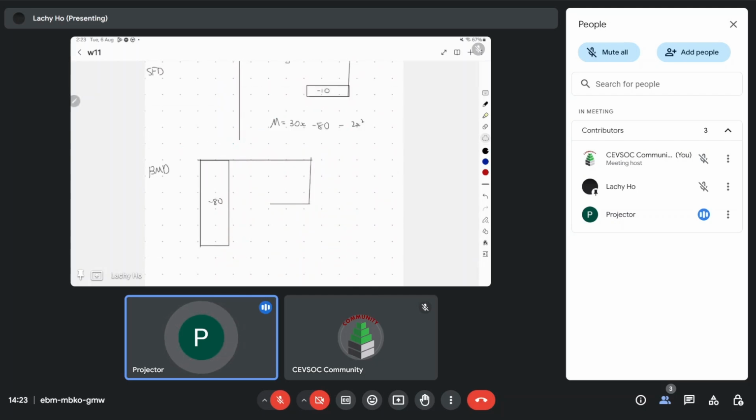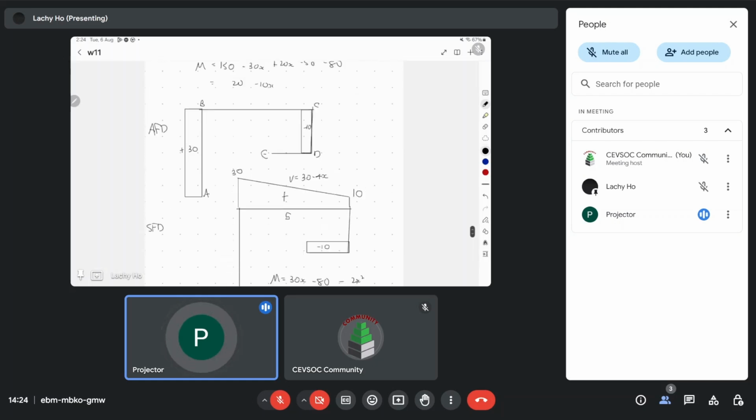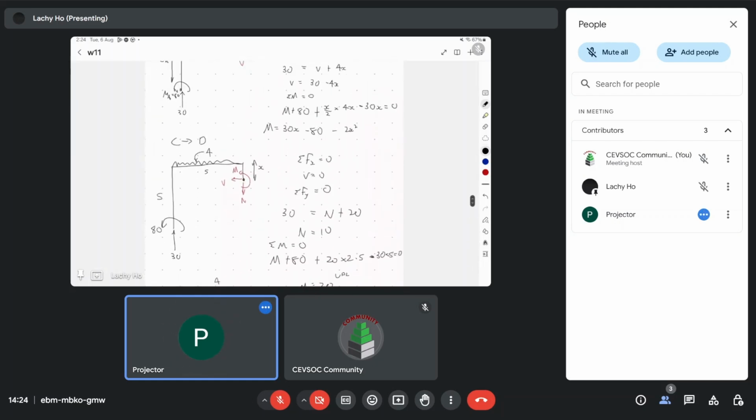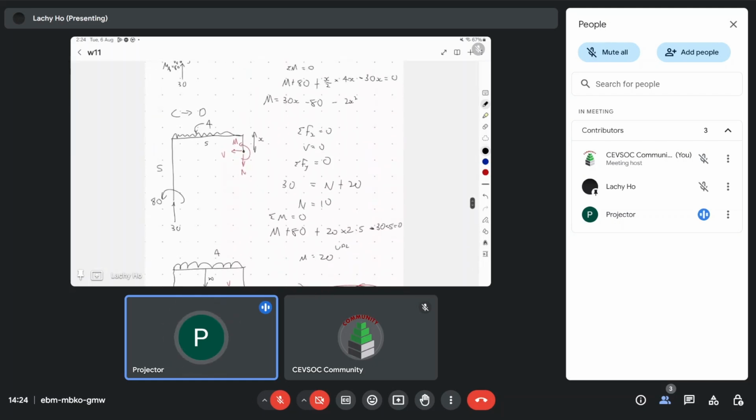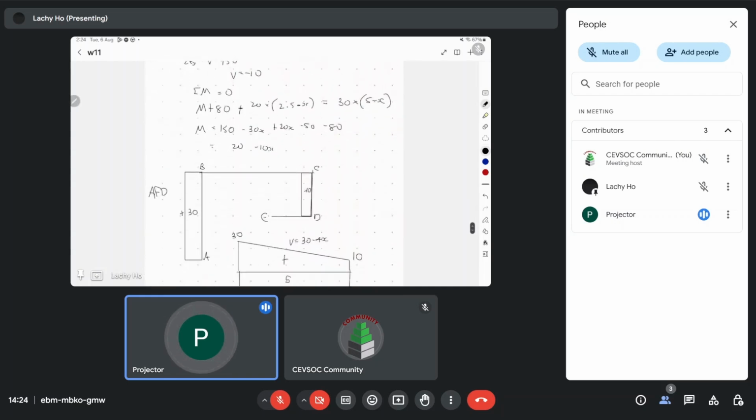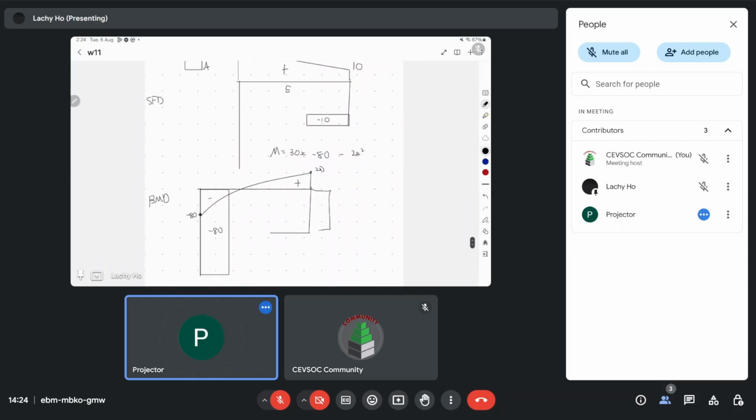So how do we plot this point here? No one really knows. X equals 0, we have a value of minus 80. X equals 5, I think we get a value of 20. And then it's some sort of parabola. Like that. Doing the next one. C to D. It's just a value of 20. So that one's positive.